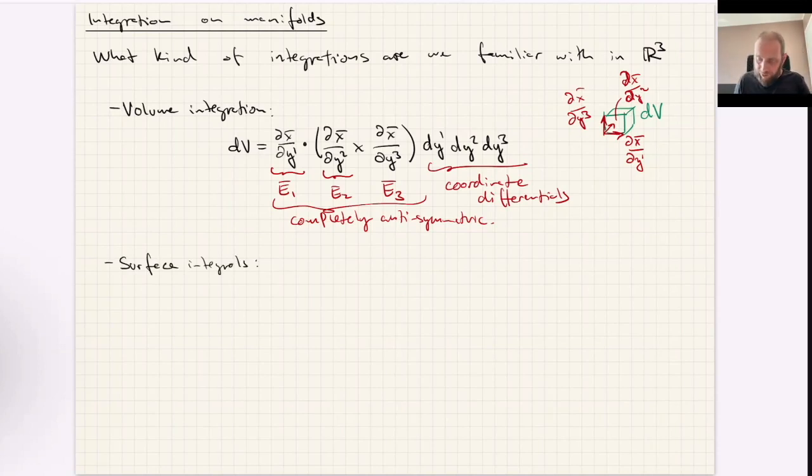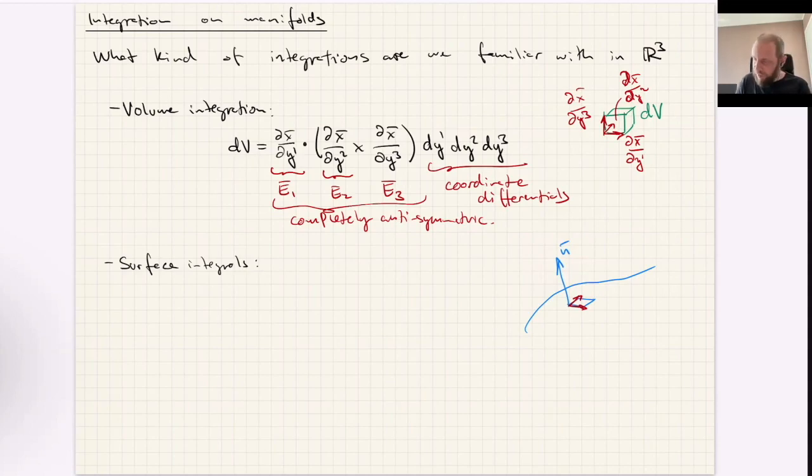So if you have some surface here, and we take any point on this surface and a small surface element, it has some normal vector, and it has some unit vectors in the surface to which this normal vector is orthogonal.